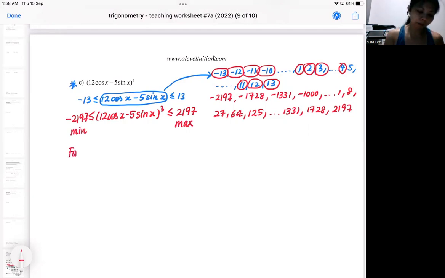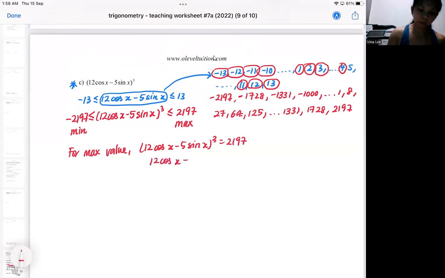So if you would like to find the corresponding values of x, you set the whole cube function to 2197. Take your cube root. Taking the cube root wouldn't give you two possible answers. So you only get 13. Then you use the converted R formula to continue to solve.